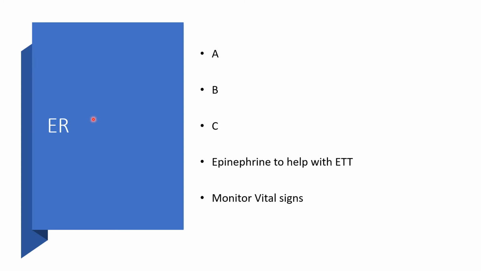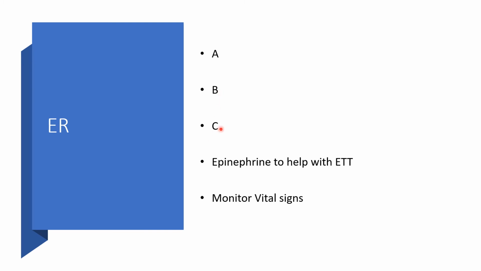Now, in the emergency room, first things first, check the airway, any foreign body, any secretion, suction as is appropriate. How about the breathing? Any breathing difficulty? What is the respiratory rate? Nasal flaring, accessory muscles being used, the chest and abdomen moving together, we check all that.